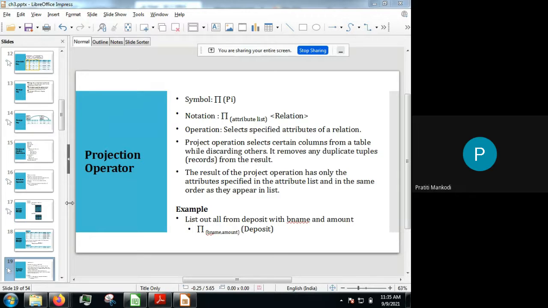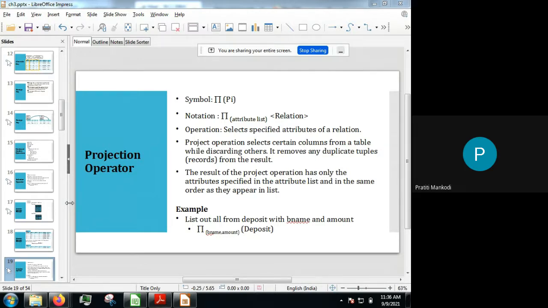So the projection operator is actually projecting a few columns from the relation. If we want to filter at column level, we use projection. If we want to filter at row level, we use selection. Clear? Same as in SQL: select something from student, then the entire column will be retrieved.